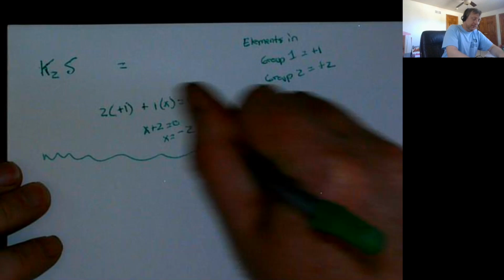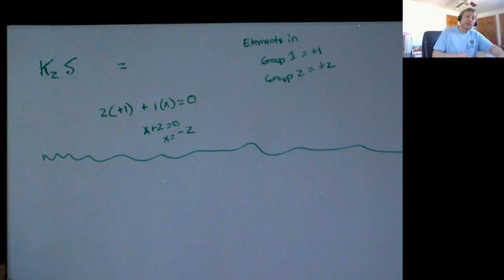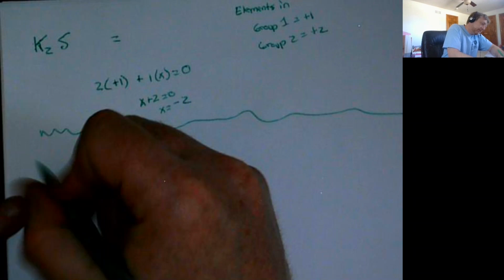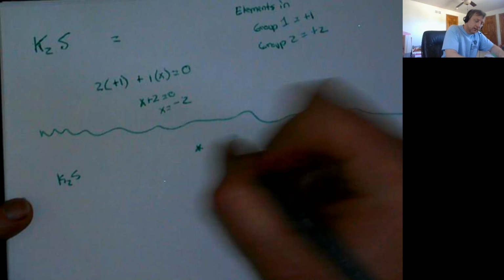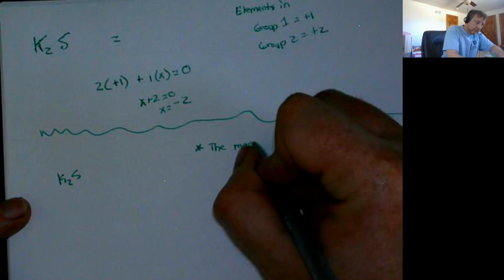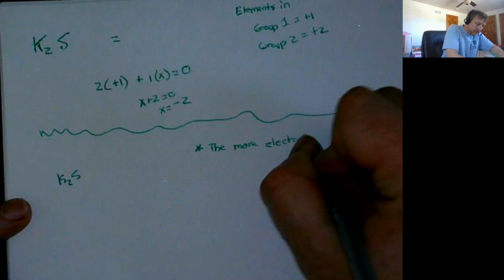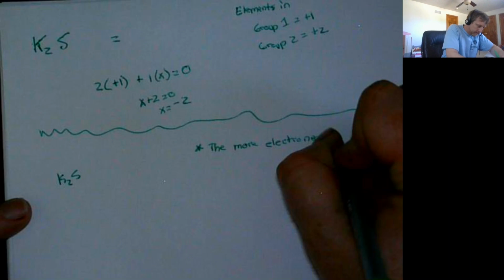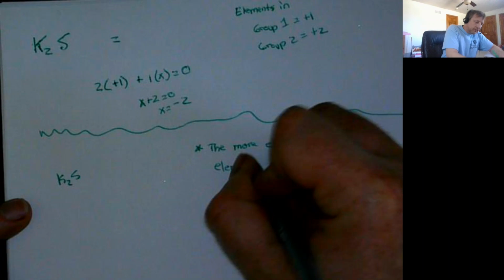without even using any math in this particular case, because I can go to one of our other rules, which says that the more electronegative element gets the charge it would have in an ionic compound.